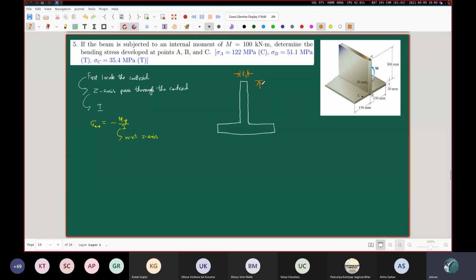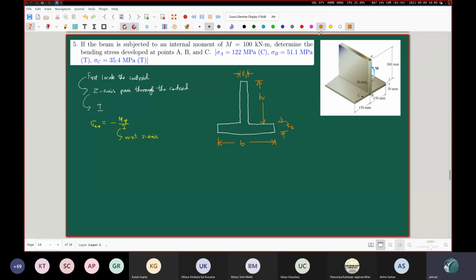This height here, let's call that H. This breadth here, let's call that B. And this thickness, let's call that T2. So T1 is for thickness 1 and T2 is for thickness 2. In this particular problem, T1 is given as 30 millimeters and T2 is given as 30 millimeters also, but in general, it could be different.